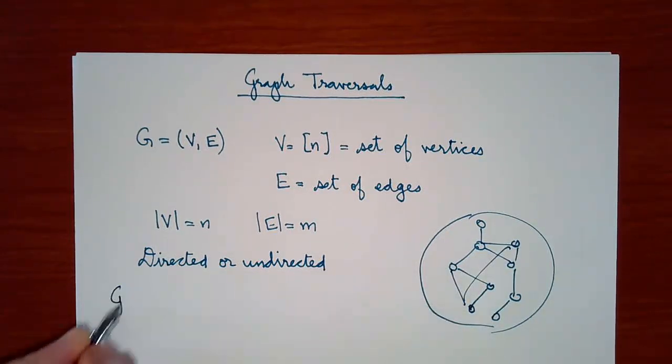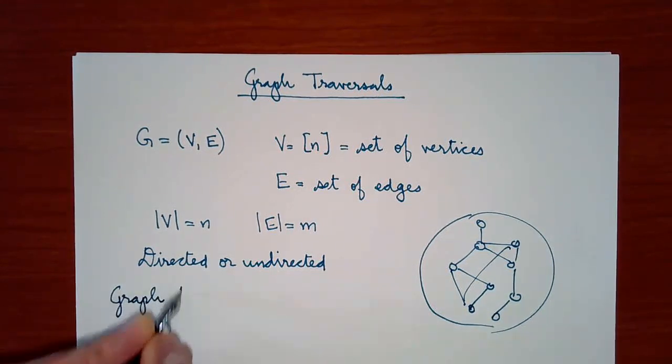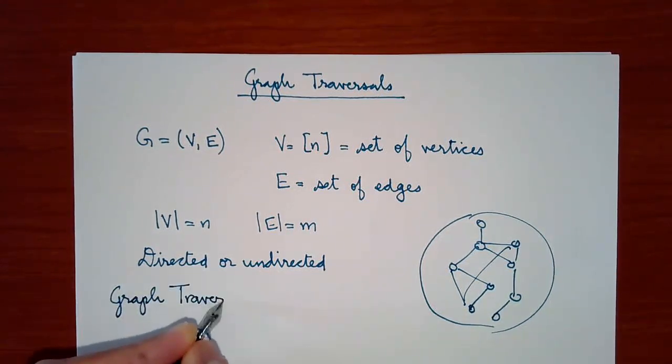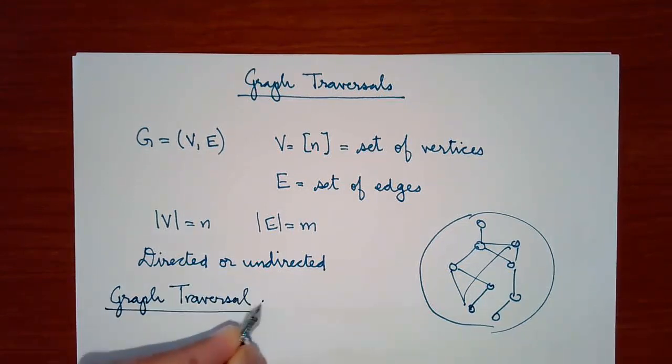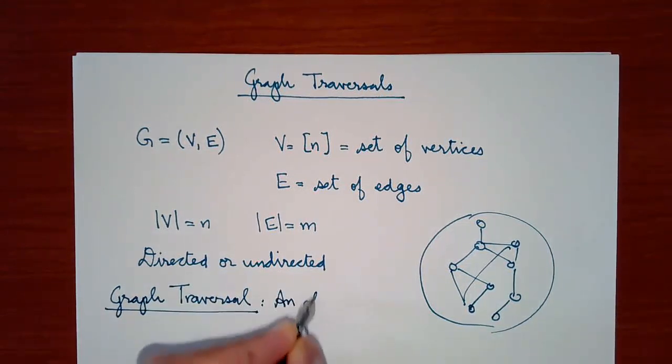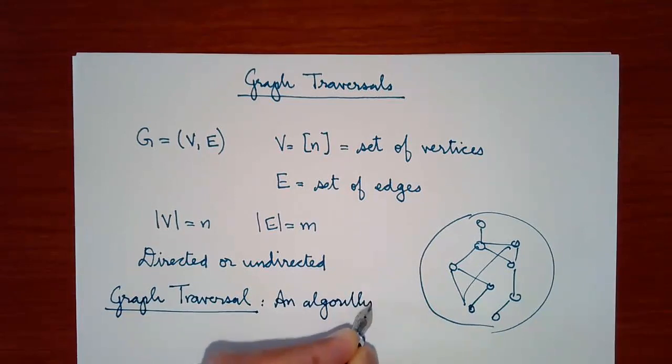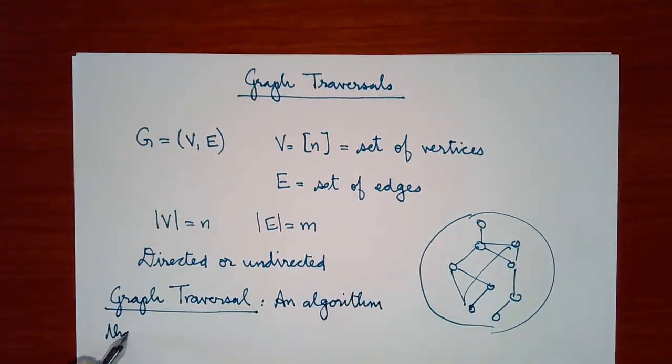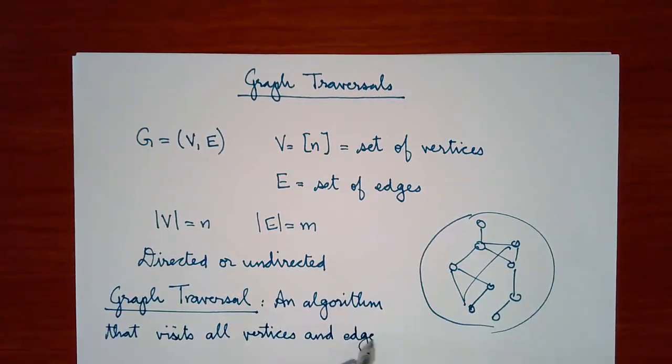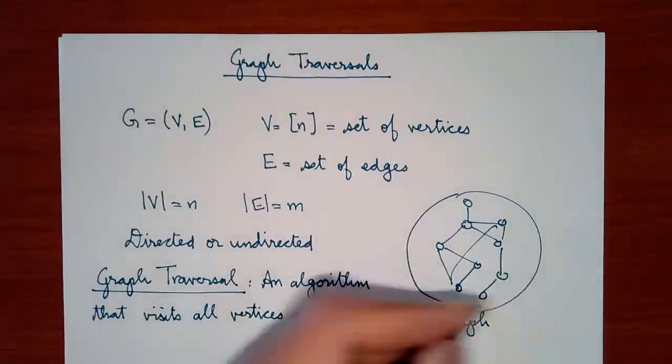A graph traversal is an algorithm that visits all vertices and edges of the graph, right? Is a way of basically visiting all.